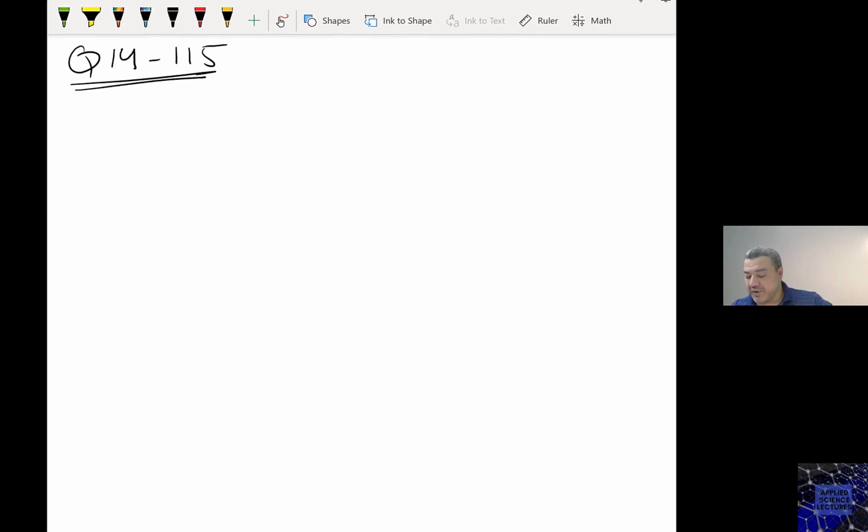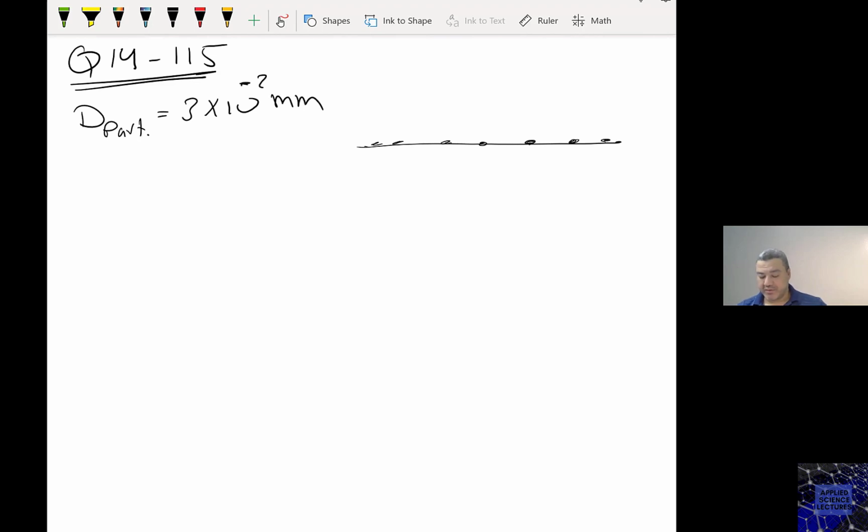So let's assume that the size of those particles, so the diameter of those particles, is 3 times 10 to the power minus 2 millimeter. And we have here a bath of alcohol.